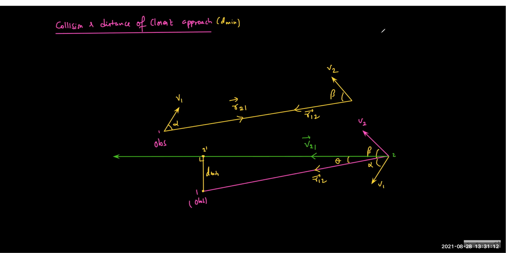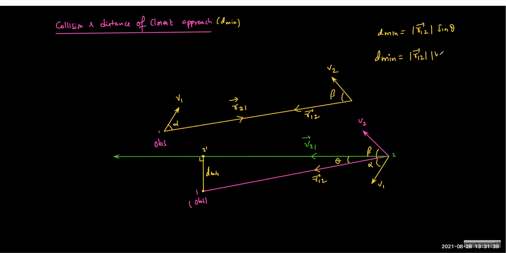So can we write D minimum is mod of R12 sine theta? Now you can check this. So D minimum is mod R12 sine theta.